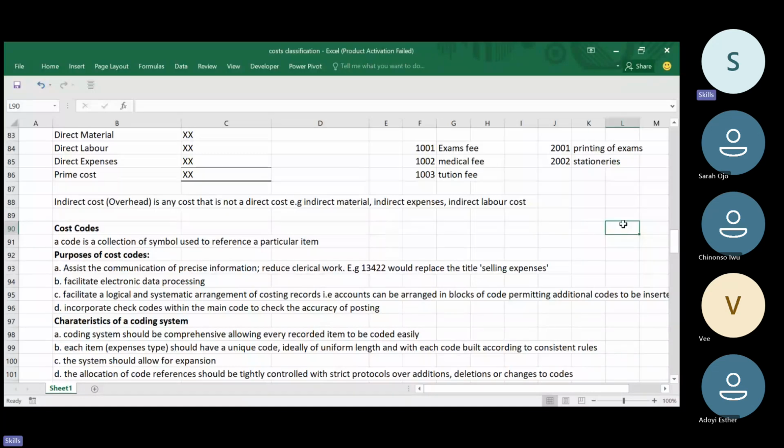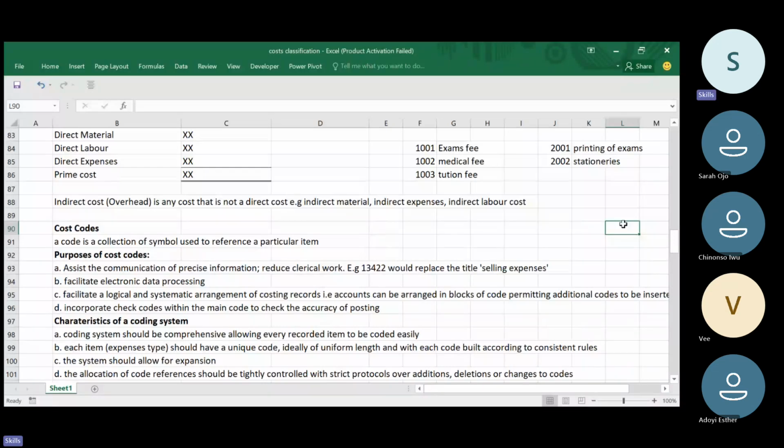So now look at it. Purpose of codes, cost codes. What is the purpose of creating code for cost? One, it assists the communication of precise information. Two, it reduces clerical work.